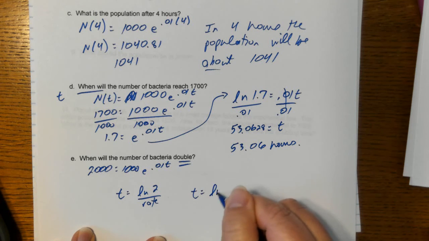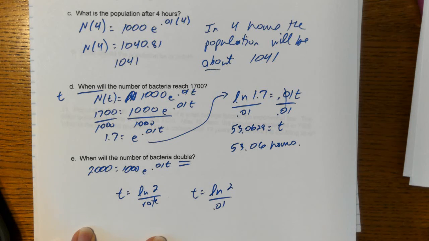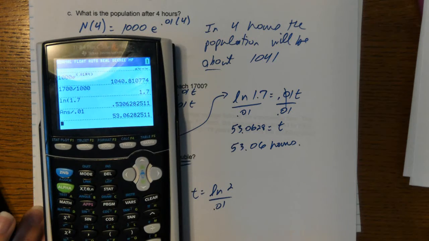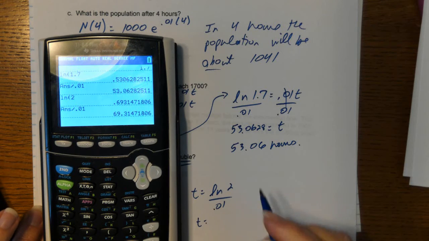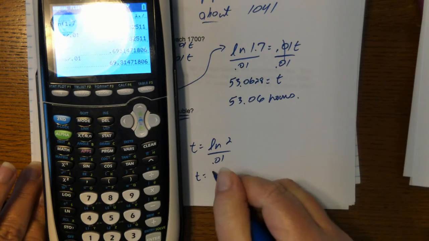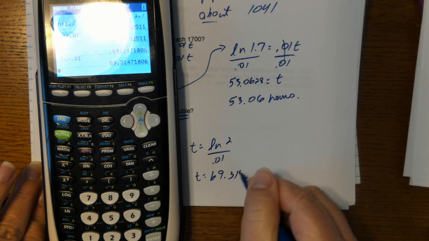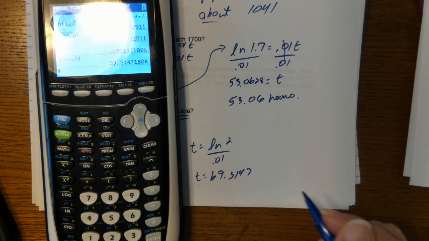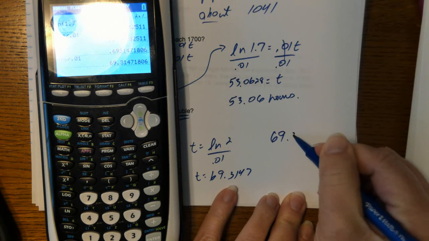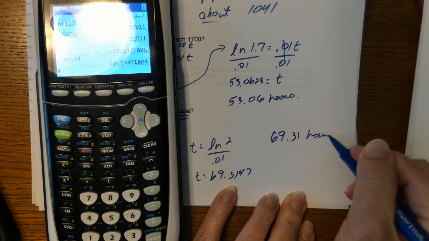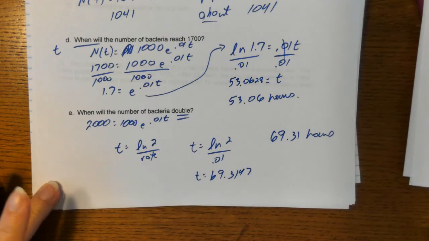So T equals ln2 divided by 0.01. ln of 2 is this terrible, horrible decimal, divided by 0.01, and we get 69.3147. You'd have to round to whatever place value they said. If they said hundredths, then it would be 69.31 hours for the population to double.